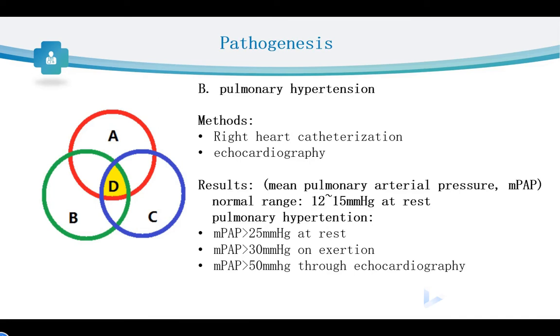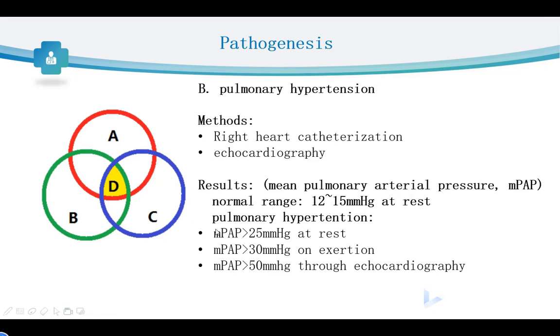During the examinations, we will measure the mean pulmonary artery pressure, MPAP. The normal range of the MPAP is between 12 to 15 millimeter of the mercury at rest during the right heart catheterization.